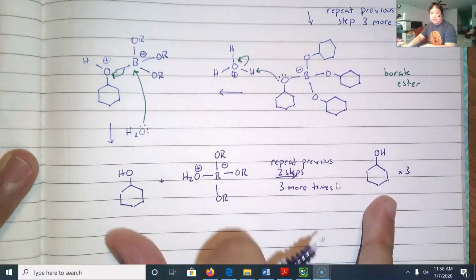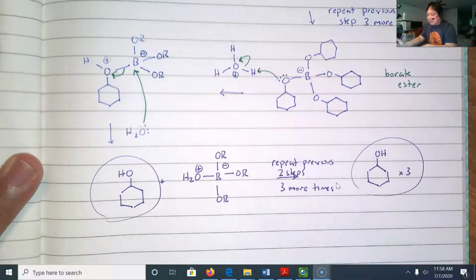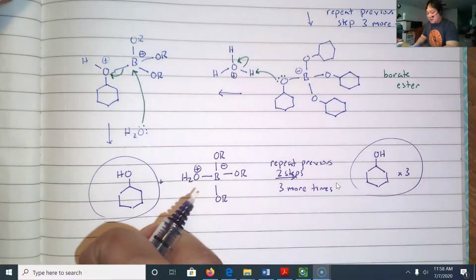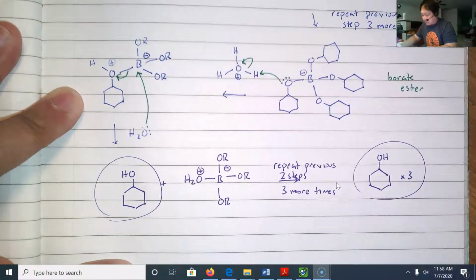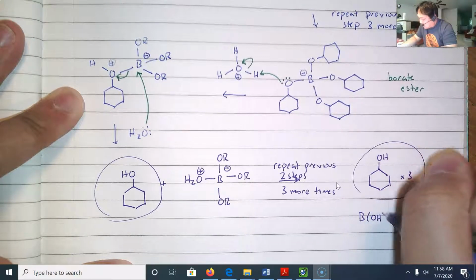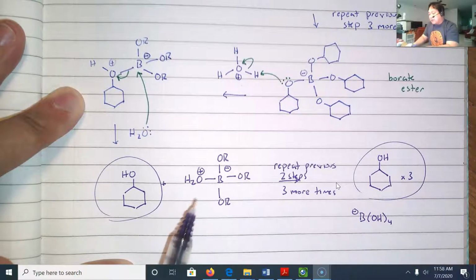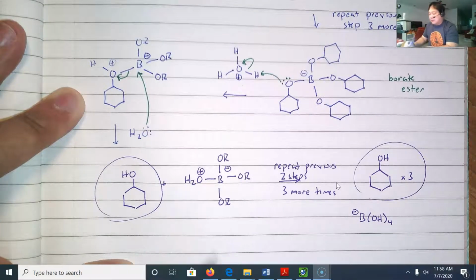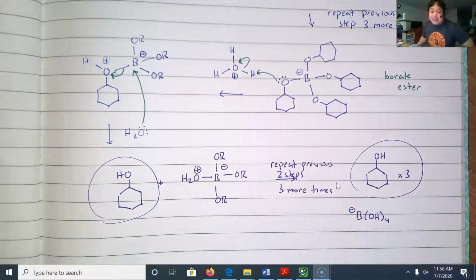So we end up with a total of 4. The side product is actually going to be B with 4 OHs, and this will be negative still. So you do deprotonate, but don't worry about showing that in a mechanism. Yep, it's complicated.